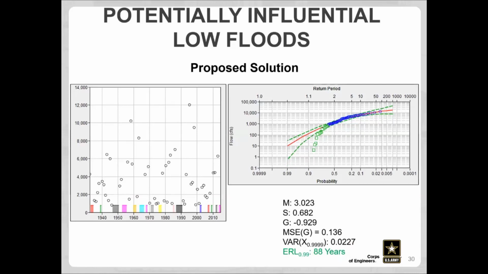So the idea that we're reclassifying or censoring our low outliers does not affect whether or not we could have or would have observed flows, right? We're only reclassifying them after the fact as low outliers in order to reduce the influence or leverage they have on the fit of the upper right-hand tail of our frequency curve.